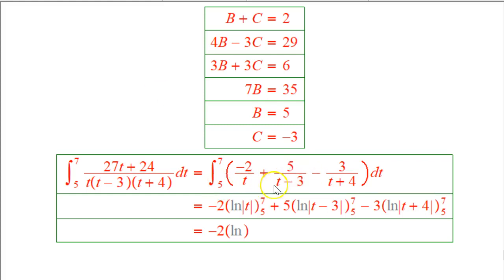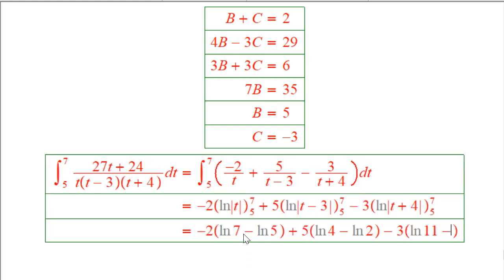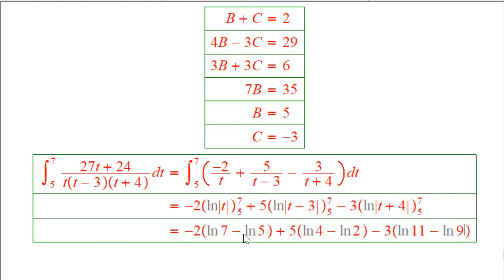So it was important that this 5 was bigger than this 3. In any case, we're getting log 7 minus log 5 plus 5 times log 4 minus log 2 minus 3 log 11 minus log 9.